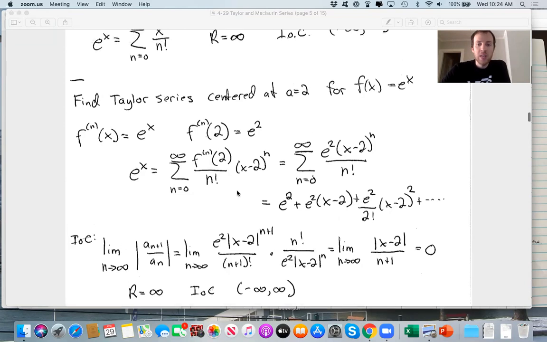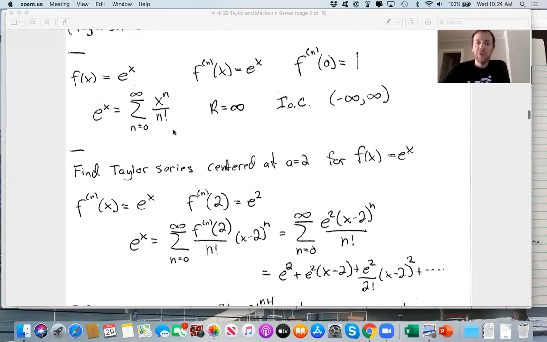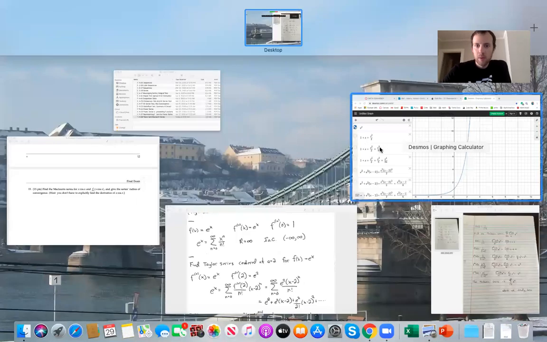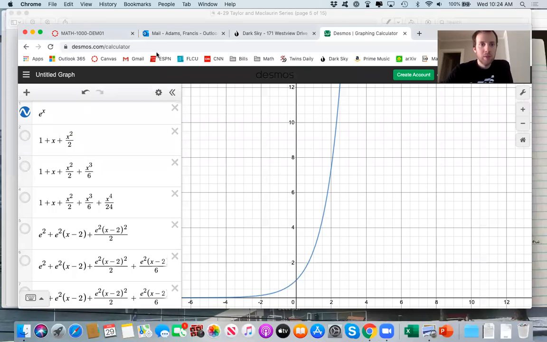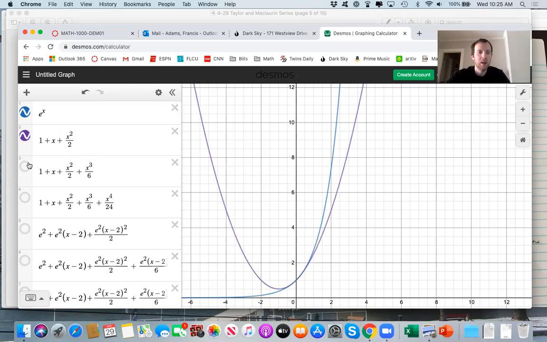What is worth seeing is how these things are different and why you would want to center it somewhere else. So as an example, let's look at e to the x. If we look at the terms of its Maclaurin series, so if we center it at 0, e to the x is the blue line here. The purple line is the parabola using the terms up to x squared.